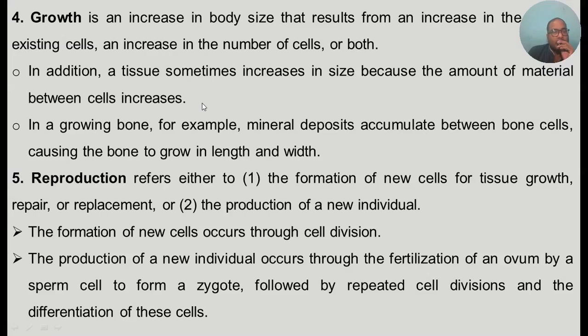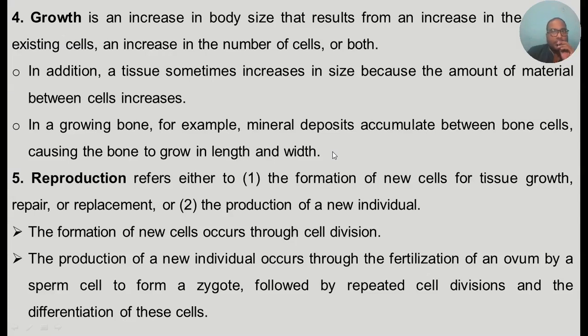In growing bones, for example, mineral deposits accumulate between bone cells, causing the bone to grow in length and width. Whenever our height increases, we grow. The growth is in our bone length, bone girth, and bone width, which increase due to the accumulation and deposition of certain minerals inside the bone.